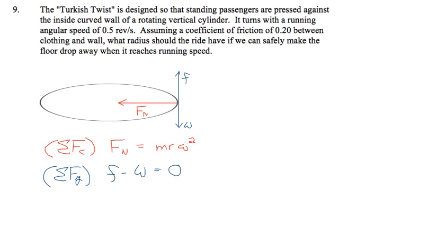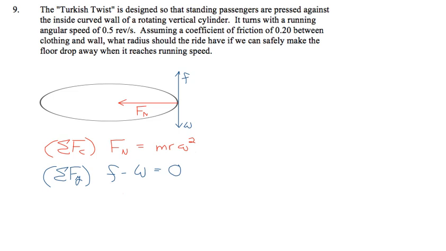So the next thing is, we know that friction equals mu Fn, and Fn equals mr omega squared. So I'm actually going to do a substitution here. I'm going to replace this with mu mr omega squared. And one thing about these problems is they're sort of clean problems. When you're solving them, if you're doing it right, it shouldn't be a cluttered problem. Some of the problems we do, you just have a lot of stuff and things to calculate. Here, it's not very cluttered.